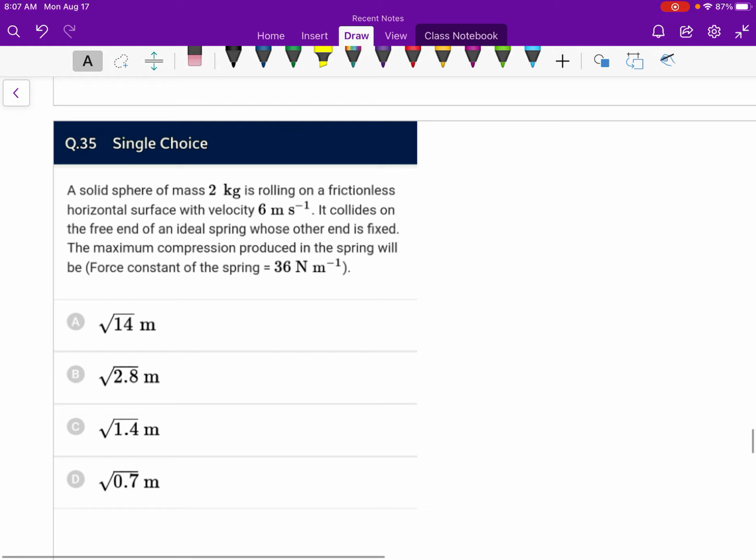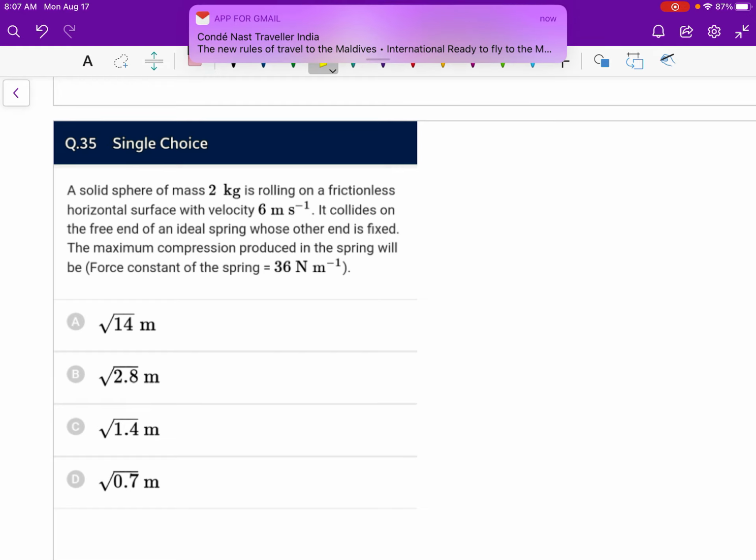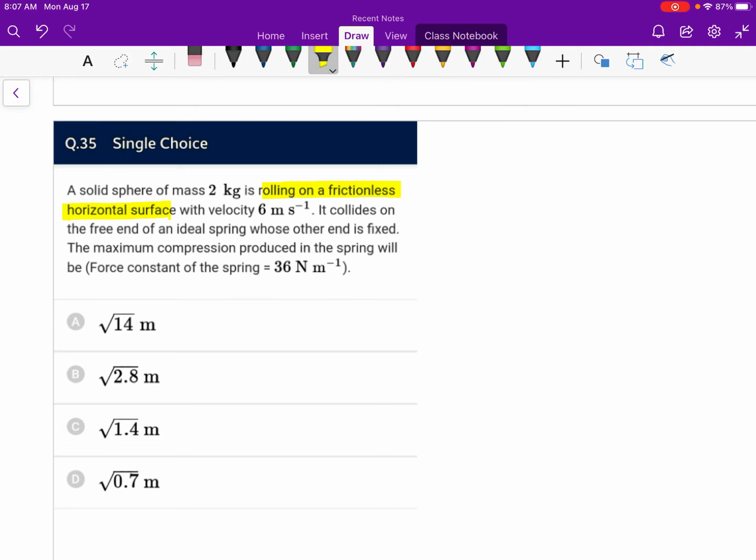A solid sphere is rolling, it collides on the free end of an ideal spring whose other end is fixed. The maximum compression. So here we are given that it is rolling on a frictionless horizontal surface, and it collides on the free end of an ideal spring. So as the level of the spring is not given, we will assume that the spring is at the level of the center.